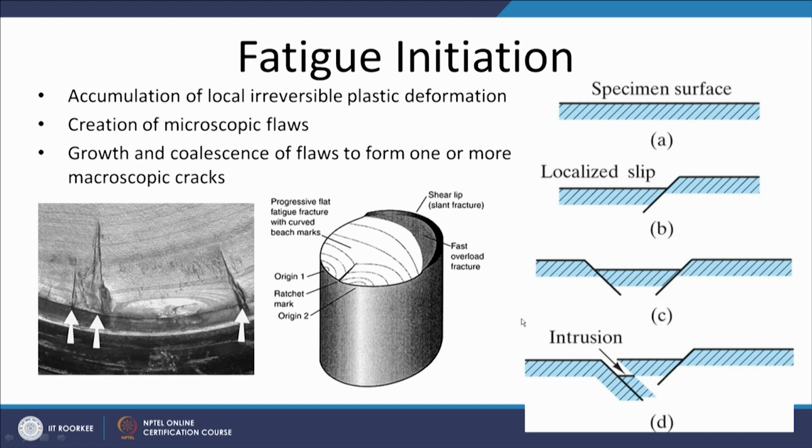That will lead to the creation of intrusions and extrusions, and these intrusions and extrusions will act as a stress raiser, and thereafter once the stress raiser or the crack-like defect has formed of sufficient size, the growth of the crack will occur in a particular way. The zone where such crack initiation takes place will have altogether different morphology as compared to the other zones, where the crack grows at a steady rate or the sudden fracture occurs.